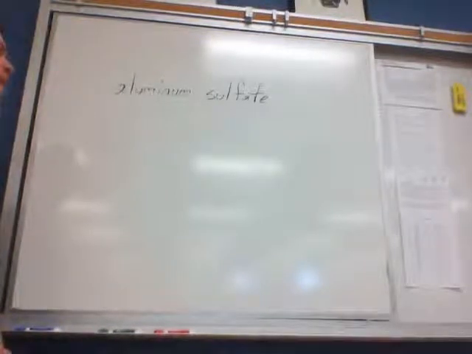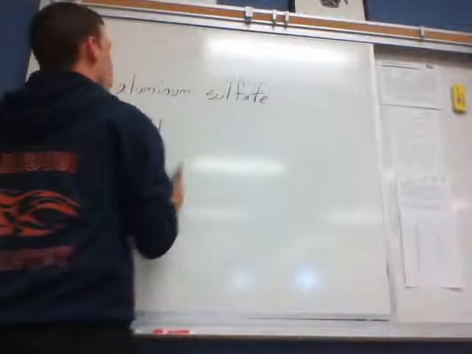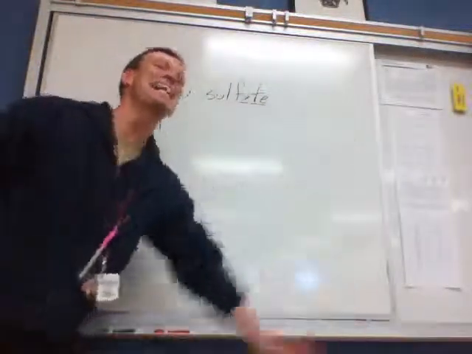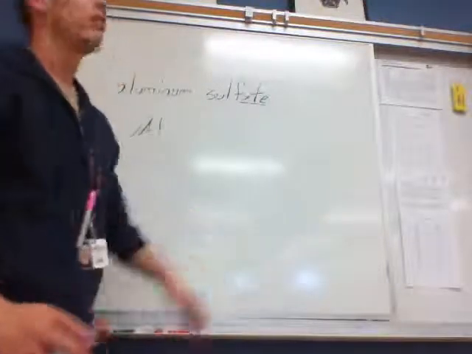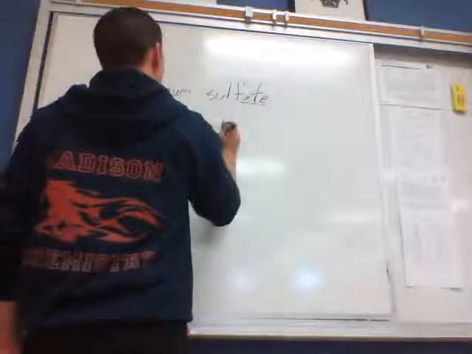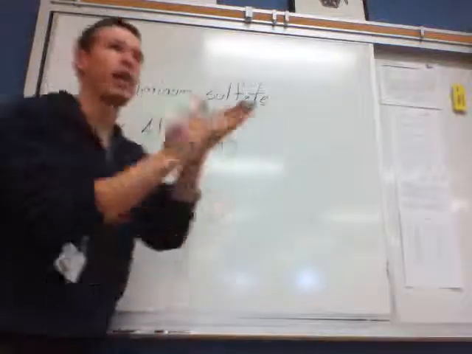Aluminum sulfate. What is the symbol for aluminum? Al. Sulfate. Now, hey, when you see things ending in ate and ite, that's definitely from the polyatomic list always. What is sulfate? It's SO4. Now, look here. I have a little soapbox about my sulfate here.